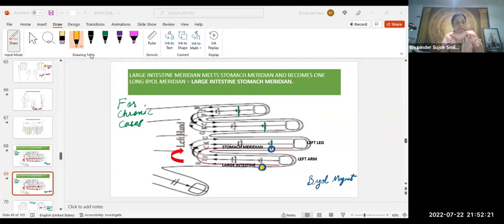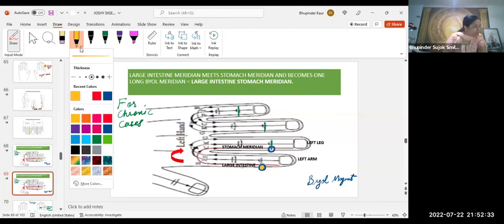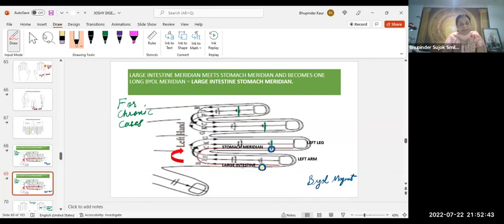But if this is a chronic problem, then we are applying white in the place of yellow. So this is white here and then yellow here.